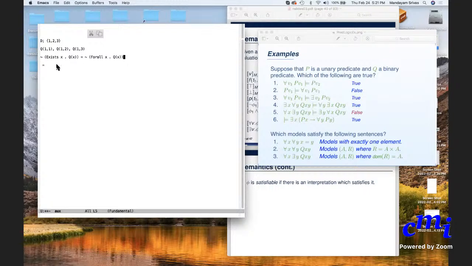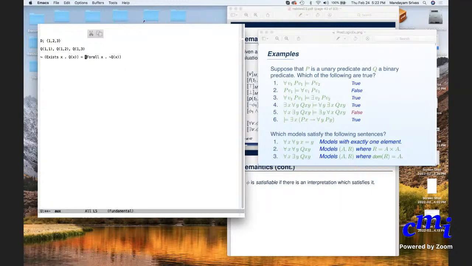Correct? Because this thing is implied by the semantics, the way that we have defined the semantics of existential. So if you want there not to be any element x for which q of x is true, then for every x, not of q of x has to be true. So there should not be a negation outside there.